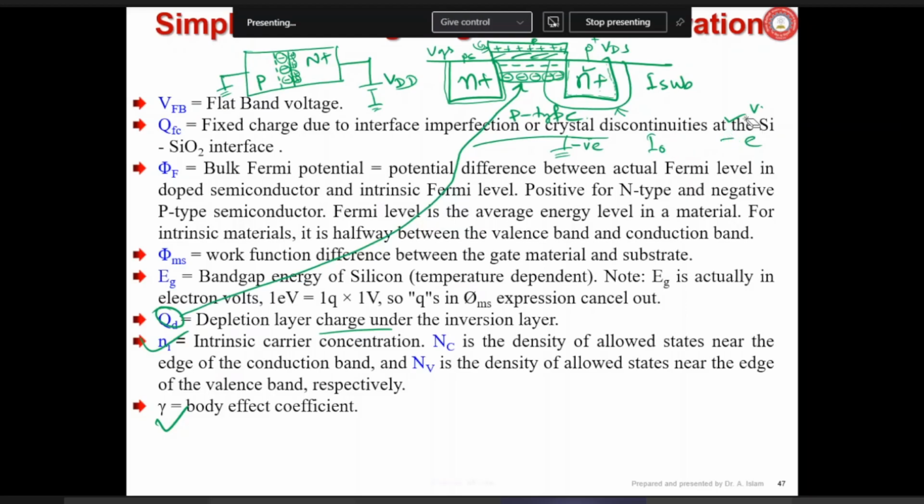No, I'm not recollecting properly. It will be coming soon once again, but I sub equals I0 into e to the power VGS minus VT divided by eta VT. And one term is there, a multiplication, that is 1 minus e to the power minus VDS by VT.